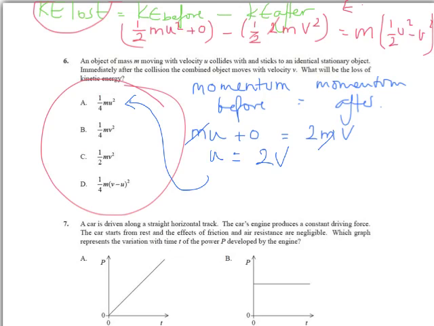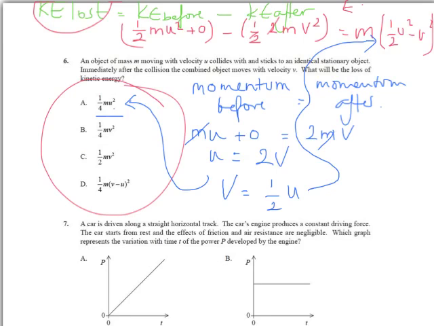Now, the best way to approach this, maybe, is to consider all your options and then work through them. Let's see if this one holds true. This is in terms of u. So, if we rearrange this equation to give us the final velocity in terms of the initial, we have v equals a half u. Now, let's substitute that into this equation here.